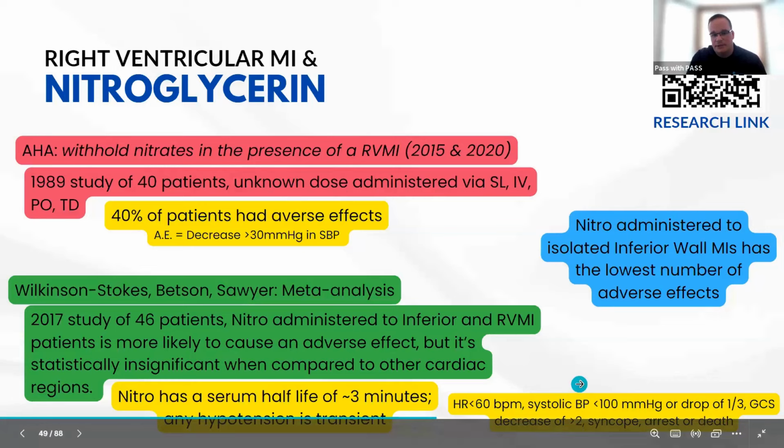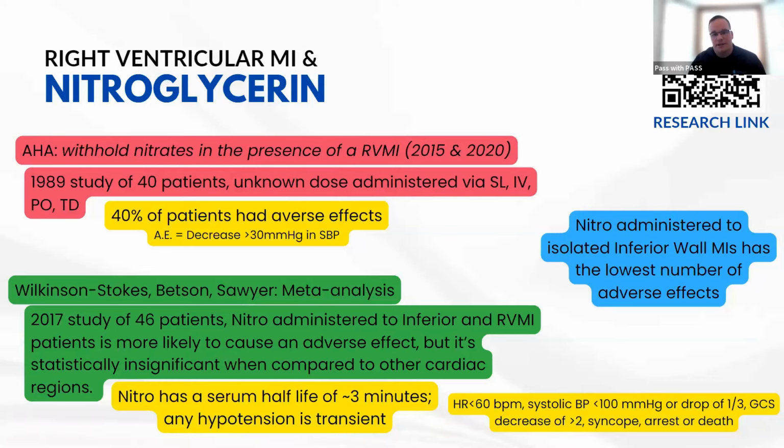So what that 2017 study classified as an adverse effect was a heart rate less than 60, a systolic blood pressure of less than 100, or a systolic blood pressure drop of 1/3 of its initial value, a GCS decrease of more than 2 points, syncope, arrest, or death. So this study in 1989 of 40 patients just classified an adverse effect as a decrease of 30 or more millimeters of mercury in the systolic blood pressure.